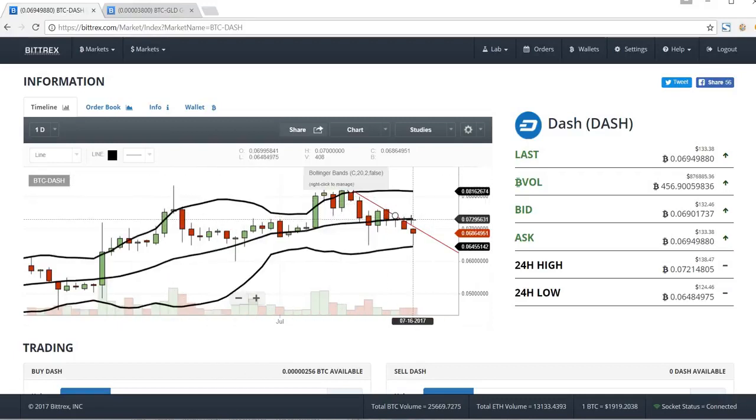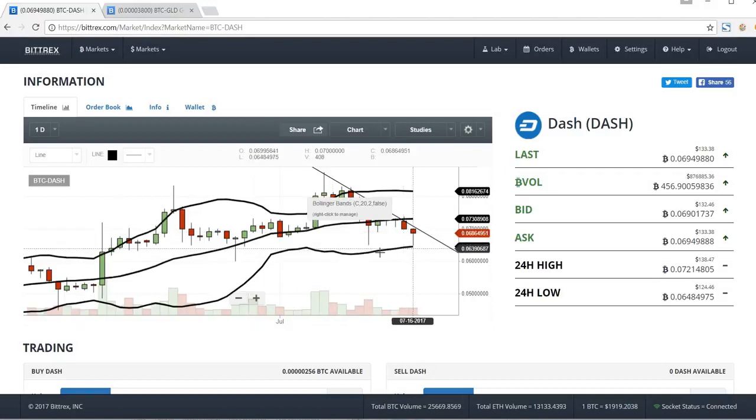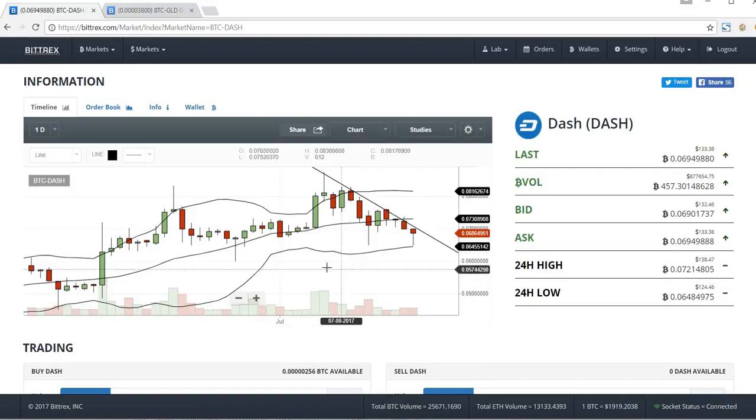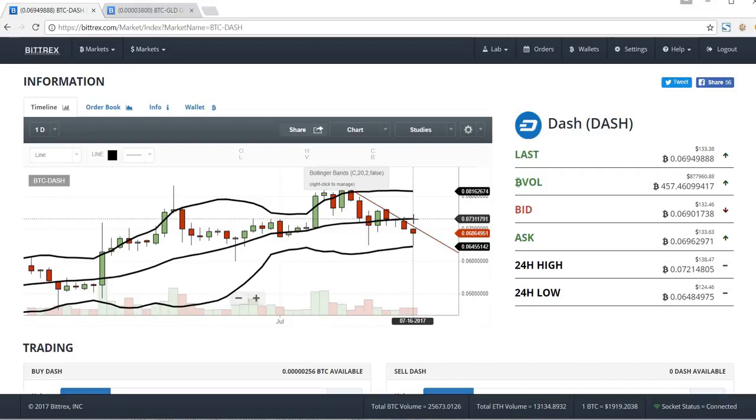And this is the median in the middle. And this is obviously the lower band. You can see these are based on history, but they are, I would say, a good tool for looking into the future as well.